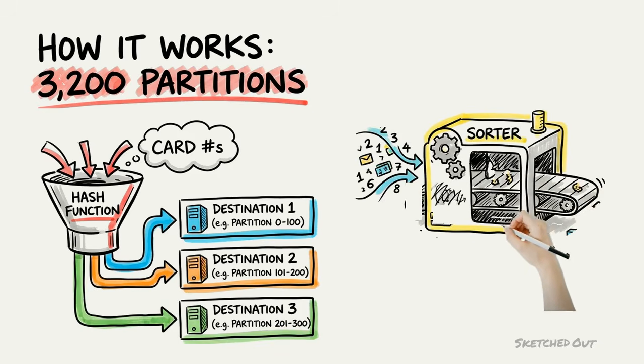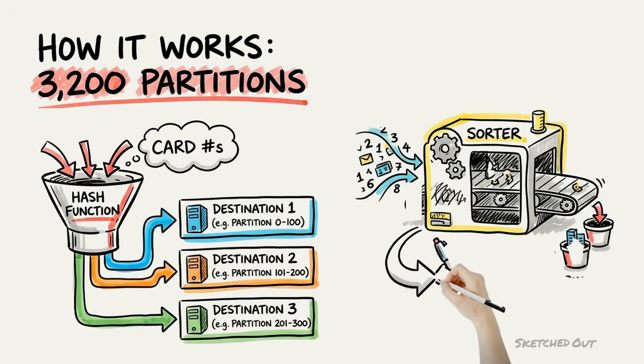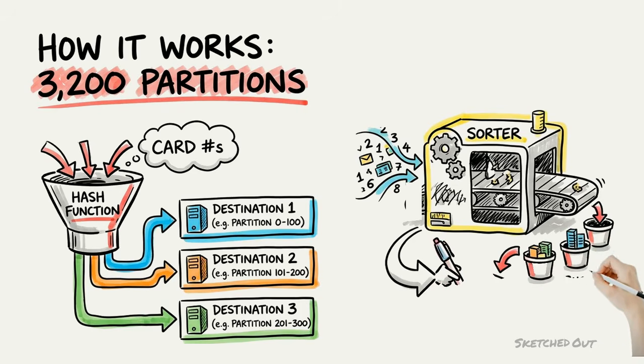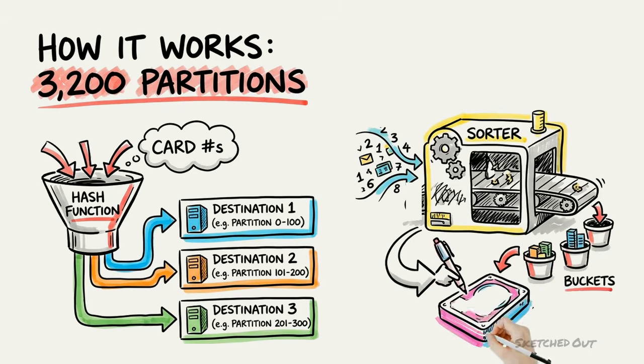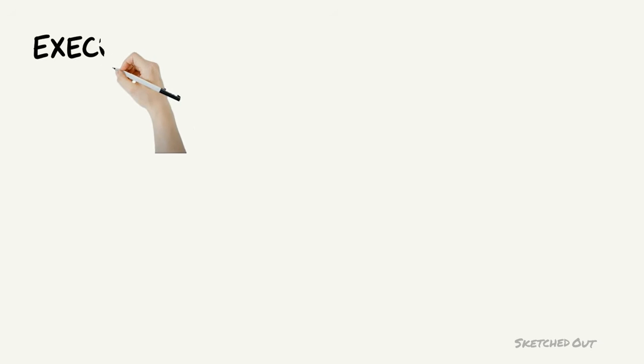This is the map side, the first cost of a shuffle. Every row gets serialized, meaning converted into a compact stream of bytes, and written down. An executor sorting its rows into 200 labeled buckets and writing them to a local disk icon, labeled written out, not kept in memory.